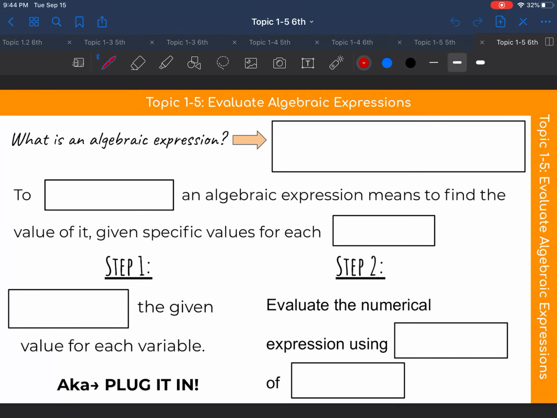It's basically the same thing as a numerical expression. It's like a number sentence, okay? But the algebraic part of it is that it has variables in it now.